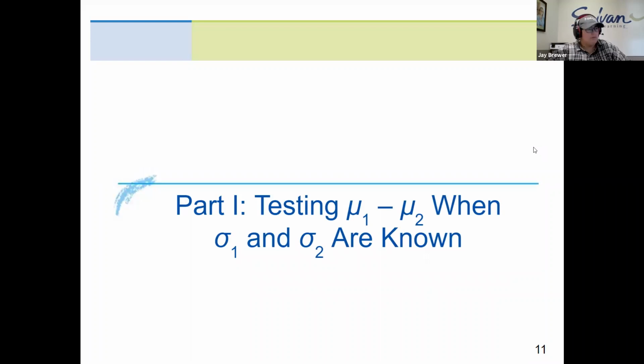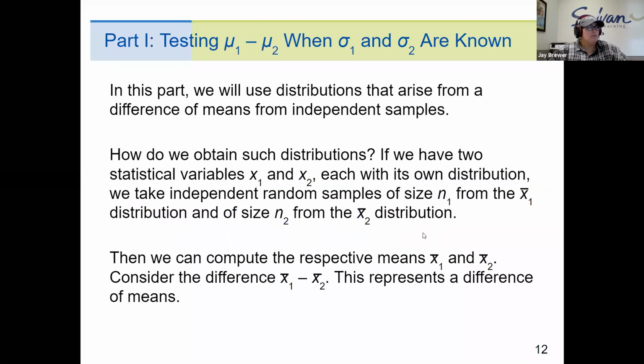All right, part 1. This is where mu sub 1 minus mu sub 2 is tested when sigma 1 and sigma 2 are known. In this part, we will use distributions that arise from a difference of means from independent samples. How do we obtain such distributions?